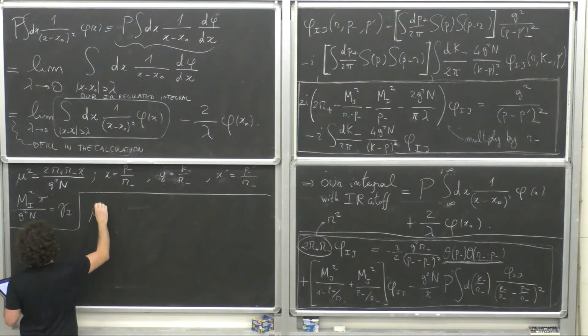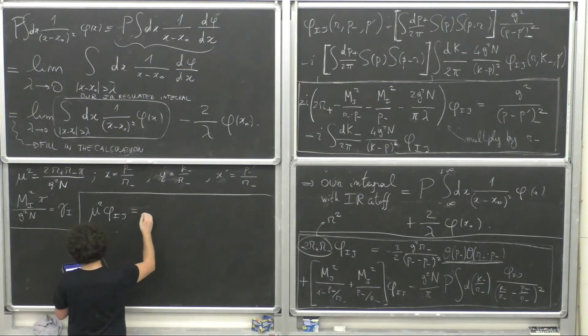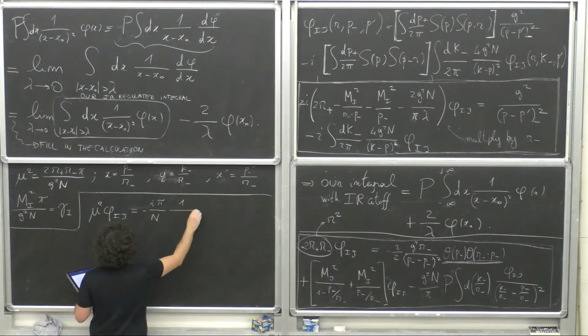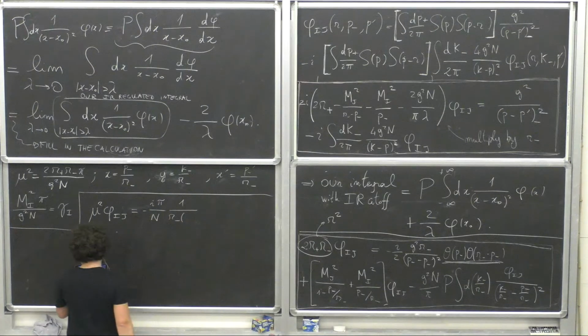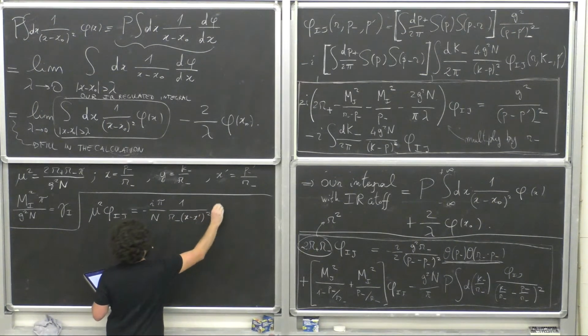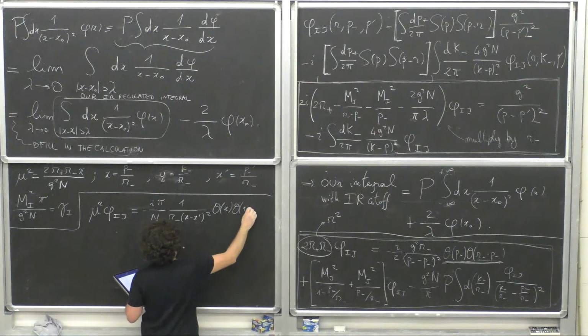And the equation is like this. Theta of x, theta of 1 minus x.